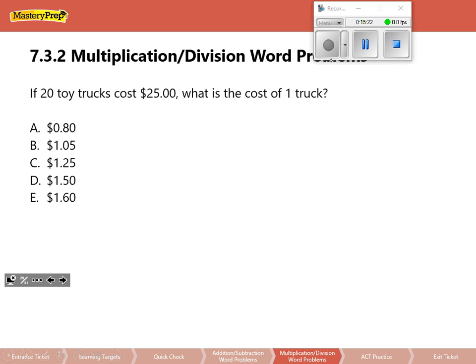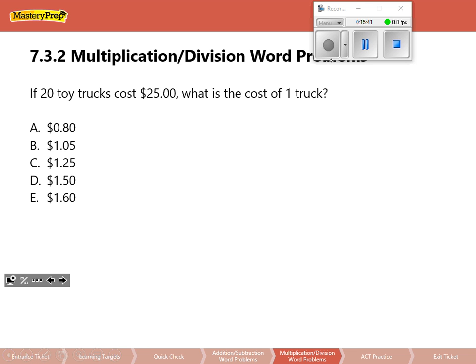This one here is not in your workbooks. But this here, if 20 toy trucks cost $25, what is the cost of one truck? So 20 toy trucks cost $25. What's the cost of one?